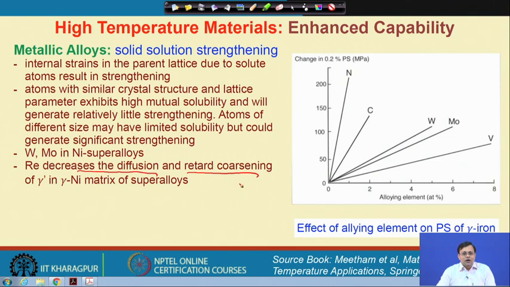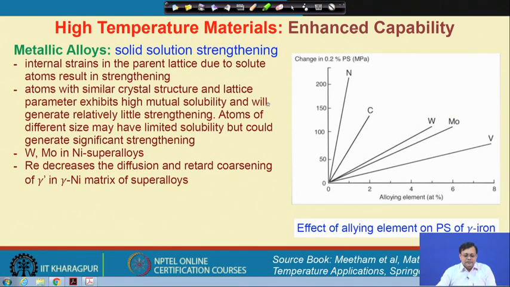If you have precipitates or grains, they may coarsen. If we can simply stop this coarsening of the precipitate, which is the gamma prime Ni3Al phase in a gamma nickel matrix in nickel based superalloys, then we can exploit that. So, you can see that the very basic engineering comes from the alloy addition and how the alloy addition can change the relative strength in a lattice.